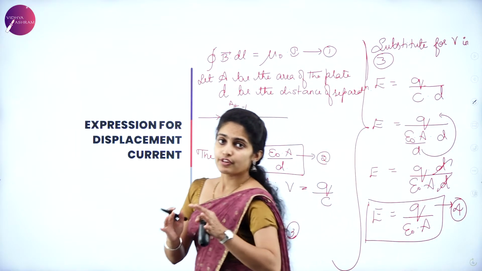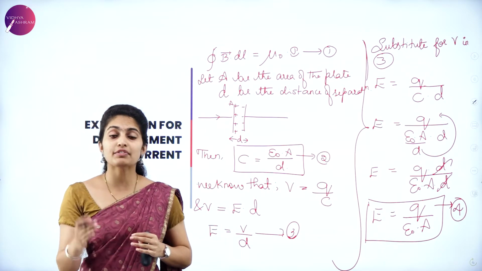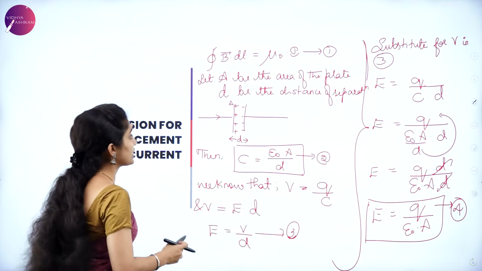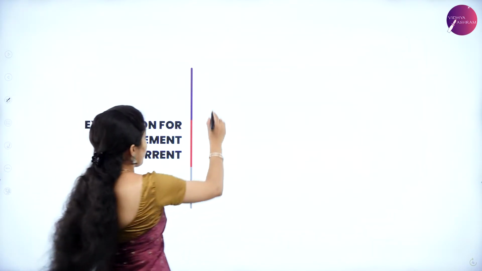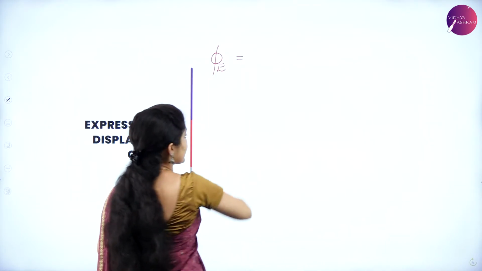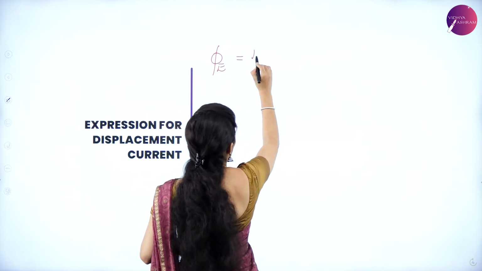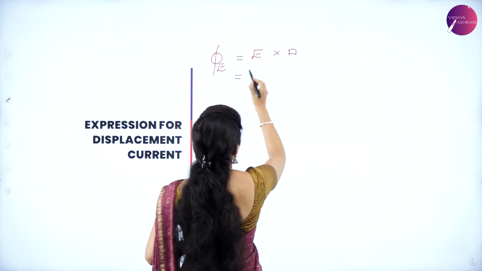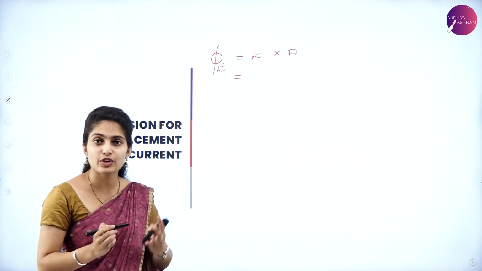So now we have the field value, but now we have to check the flux, the flux which is passing through the circuit connection. In order to check the flux, the electric flux is equal to the field passing per unit area. So what is the field value which we got earlier? That is equation 4.